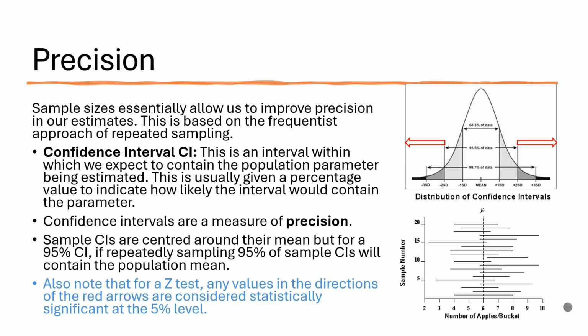So confidence intervals are a measure of precision. The larger your sample size, the smaller your confidence interval, right? And we'll be detailing this a little bit more in subsequent slides. Also note that for z-test, any values in the direction of the red arrows are considered statistically significant.